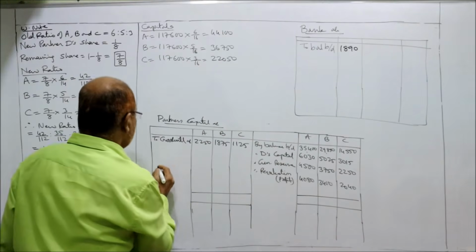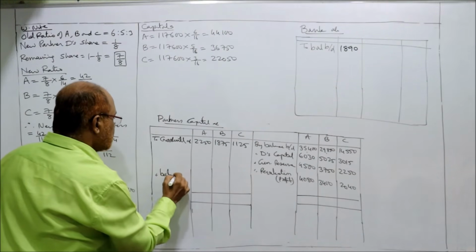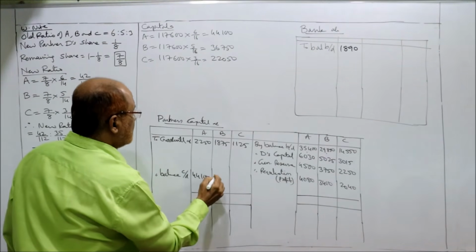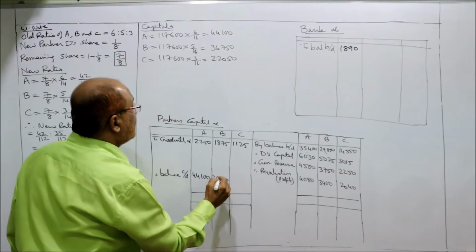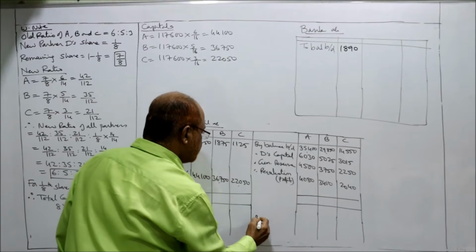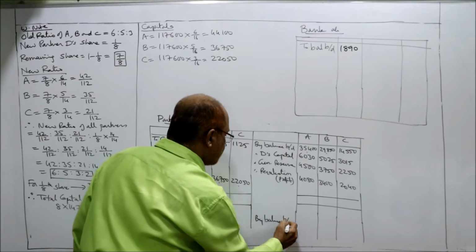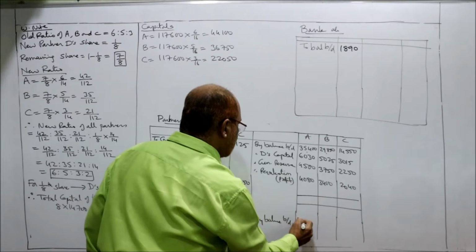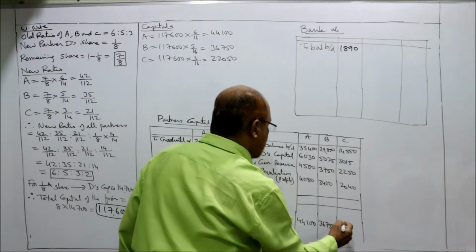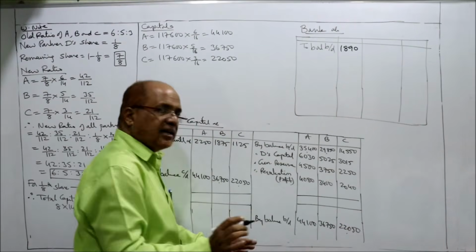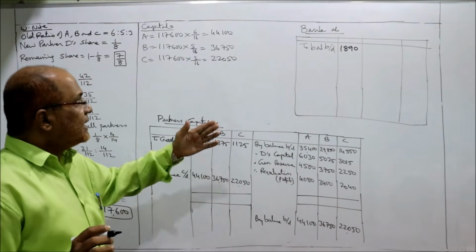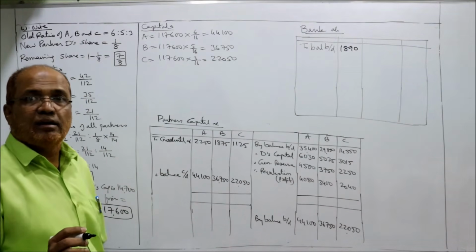And this capital I am taking here to balance carried down: 44,100, 36,750 and 22,050. By balance brought down 44,100, 36,750 and 22,050. This much capital should remain for A, B and C, right? Now whether there is excess, shortage or more, now we have to check, right?